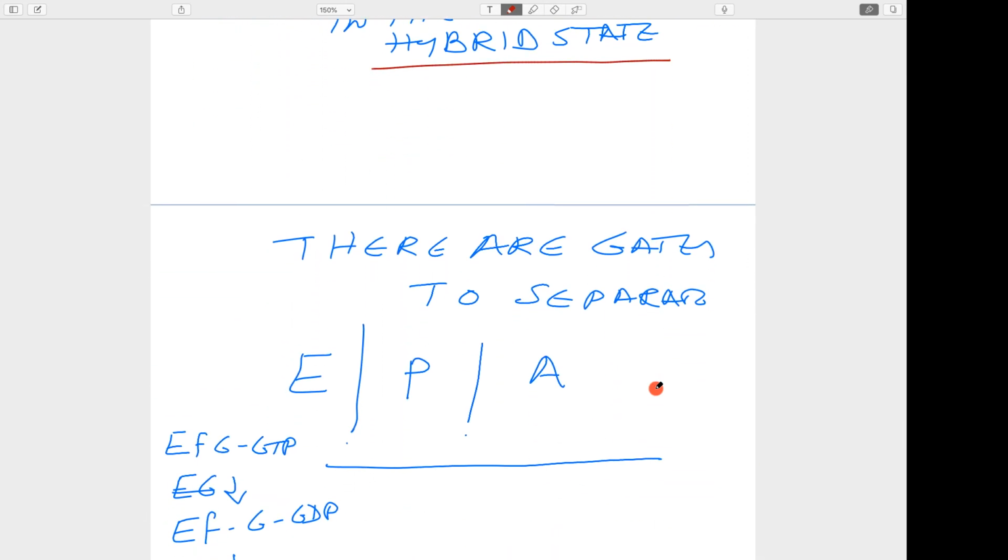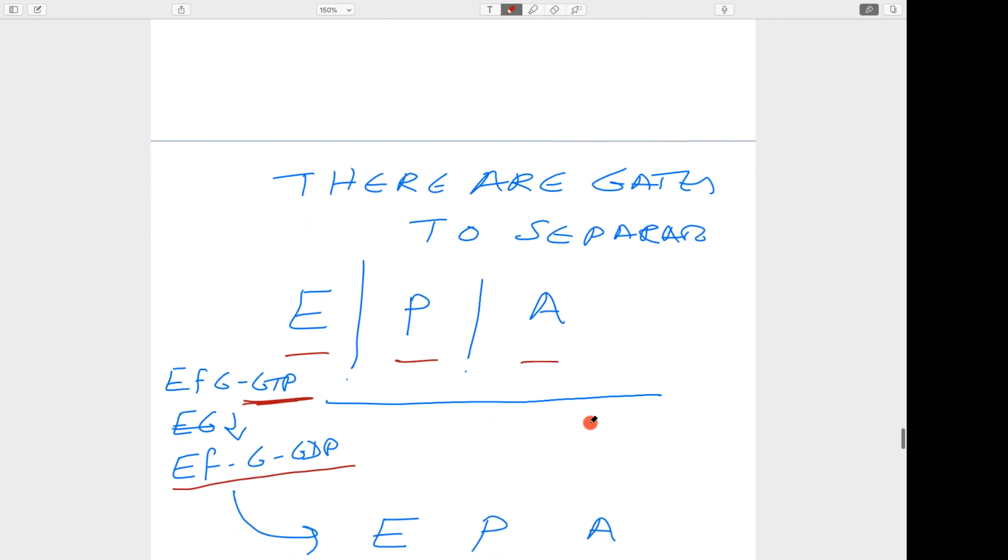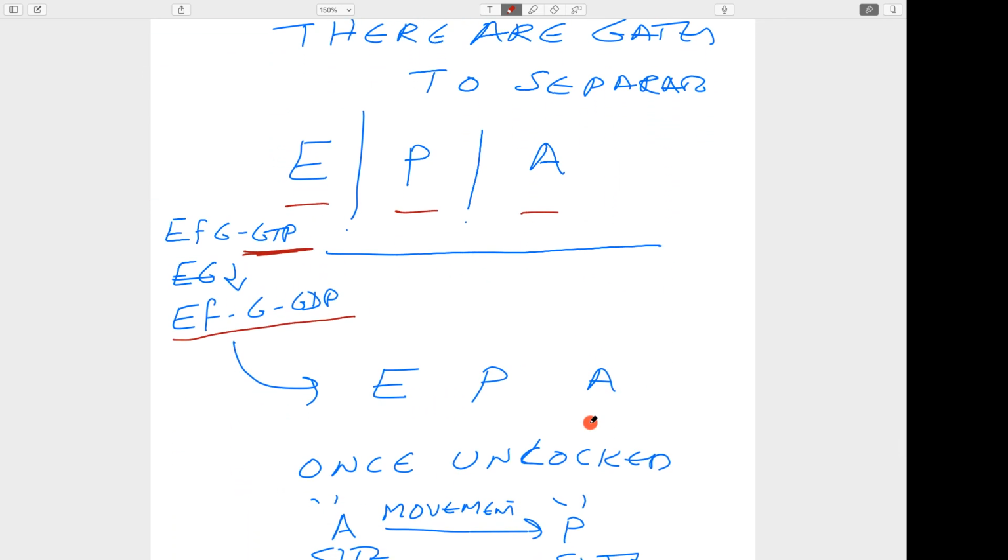What is the role of EFG GTP? Here GTP is hydrolyzed to GDP. When EFG GTP is bound to the factor binding center, stabilization takes place, and there are gates separating the E site, P site and A site. Once the GTP is converted to GDP, that stabilization is gone, the gates are gone, which means the ribosome can easily move.